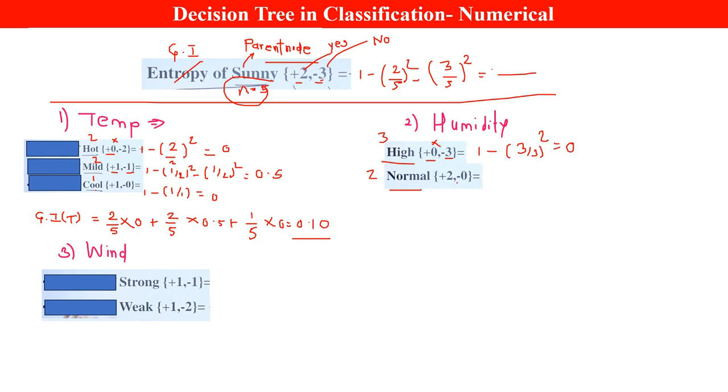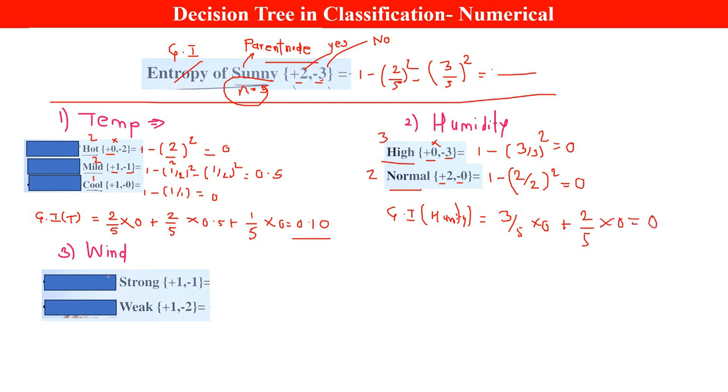So here also the GI for normal is equal to 0. The GI for humidity is the weighted average: 3 by 5 multiplied by 0 plus 2 by 5 multiplied by 0. So this comes out to be 0.